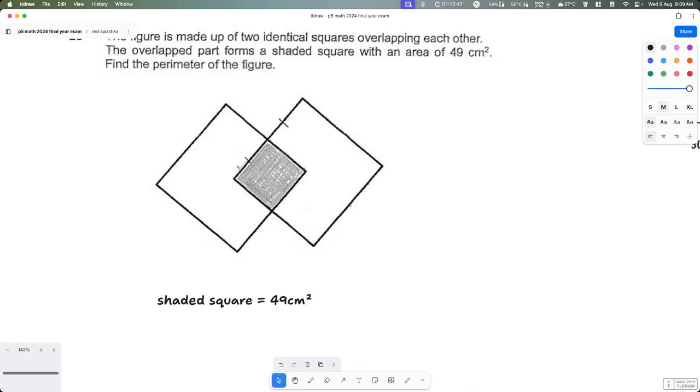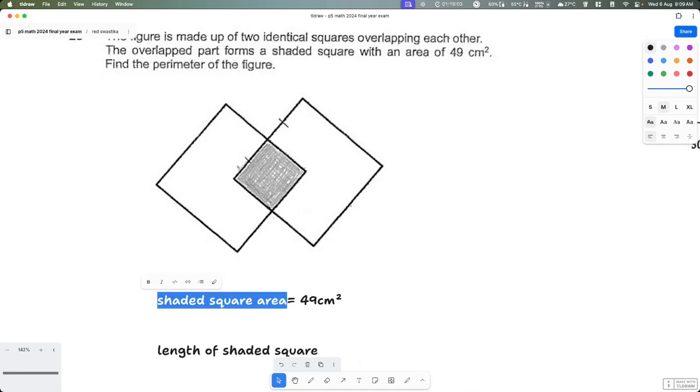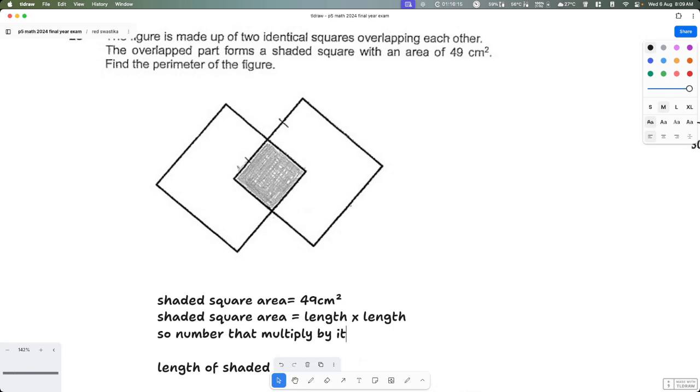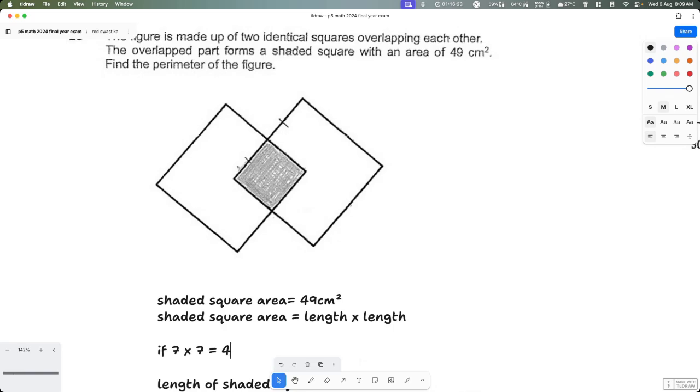So what's the length of the shaded square? We know that the shaded square area is 49 centimeters square, and the area is equal to length times length, so a number that multiplies by itself. 7 times 7 is equal to 49.